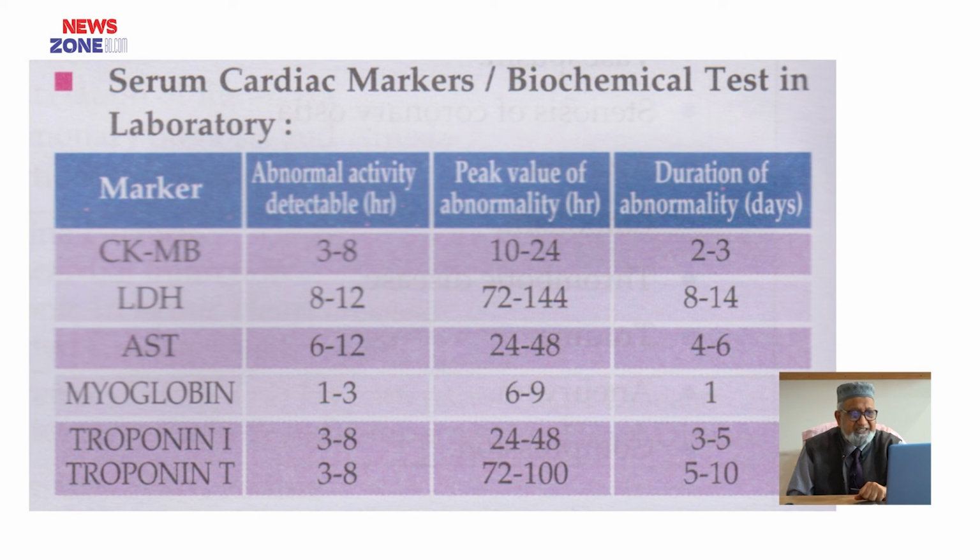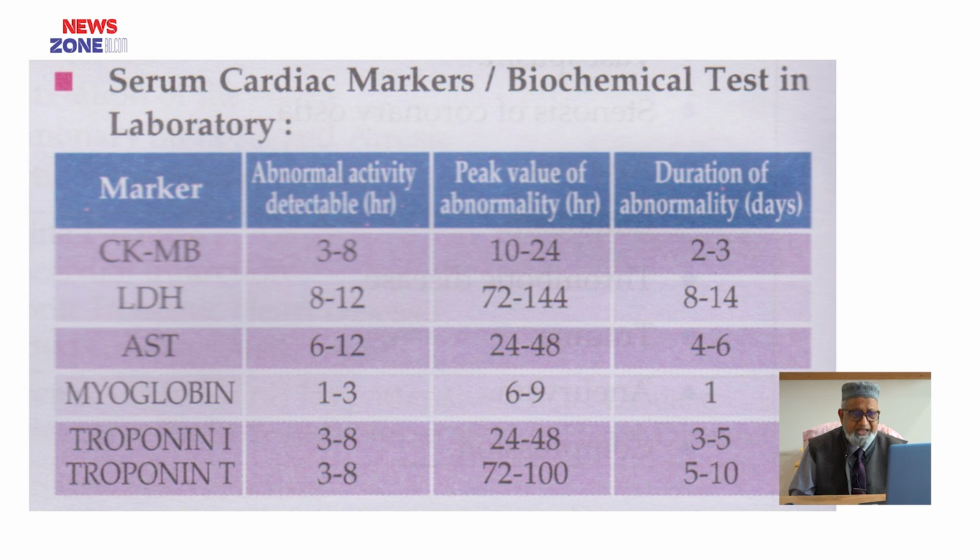So, if you see the cardiac markers in the chart, the biochemical markers, we can see troponin I abnormal activity detected at 3 to 8 hours, in both troponin I and troponin T. At the same time, CKMB also appears at 3 to 8 hours. The peak value of abnormality in troponin I is 24 to 48 hours, troponin T peaks at 70 to 100 hours, and CKMB peaks at 10 to 24 hours.